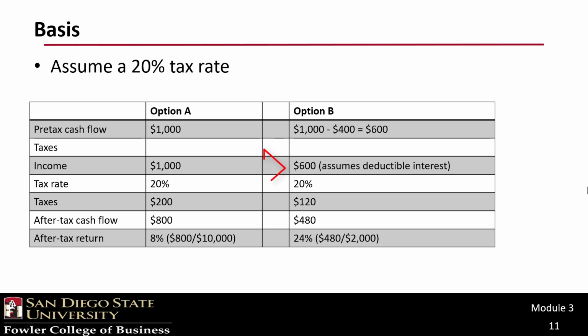From a tax perspective, when we calculate our taxable income, assuming that interest is deductible, and in most respects it would be, the income is now down to only $600. 600 times the same 20% tax rate yields taxes of $120. Now the after-tax cash flow is down to $480. However, $480 divided by the only $2,000 investment on our part yields a 24% after-tax return.